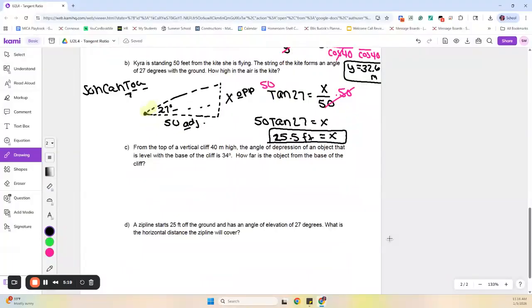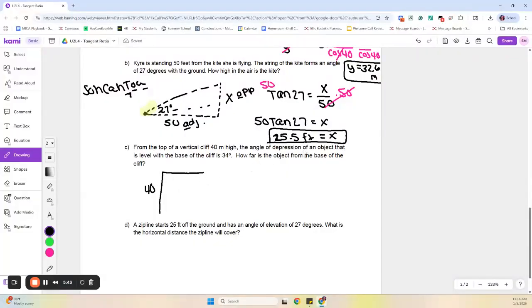Part C, from the top of a vertical cliff 40 meters high, the angle of depression of an object that is level with the base of the cliff is 34 degrees. How far is the object from the base of the cliff? All right, so I have a cliff that's 40 meters, and then we're at the top of this cliff.